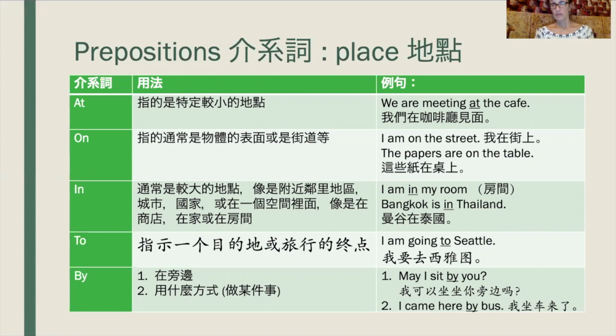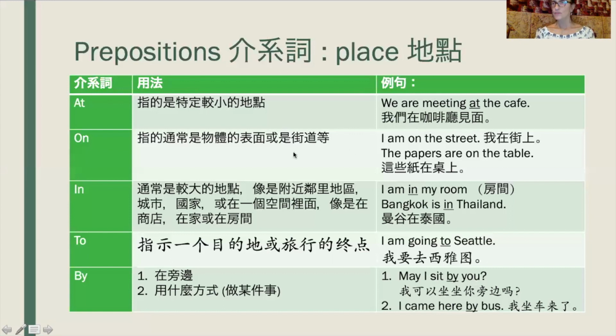I mean relatively small because it's not China, it's not some big place, big country or something. Okay, so meeting at the cafe, that's what this means. You use this word for the location, 在哪儿, at the cafe, because it's a place.